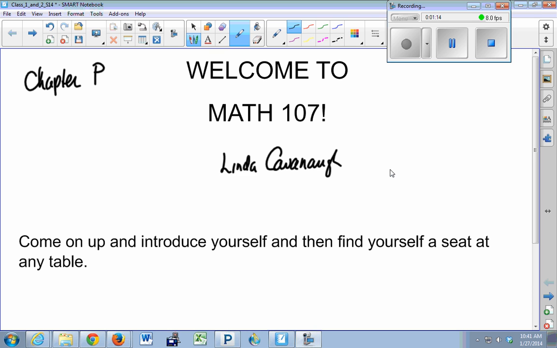So this is a little packet that talks about these 3 sections, and this is the order that I talk about these 3 things. And the reason that I put them in an order, come on in and have a seat anywhere, is because P5, which stands for the section on factoring.